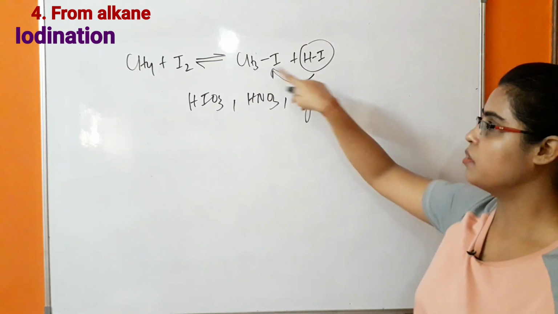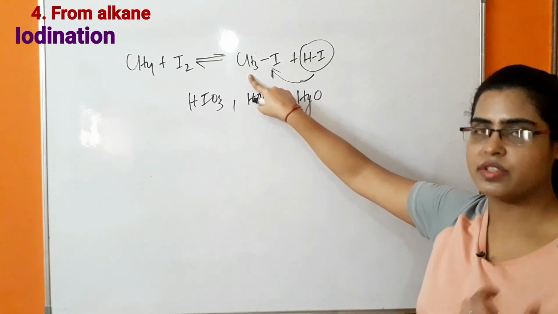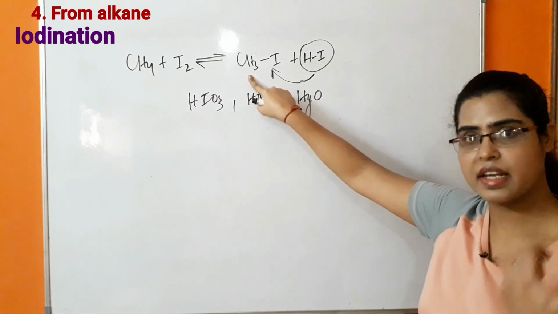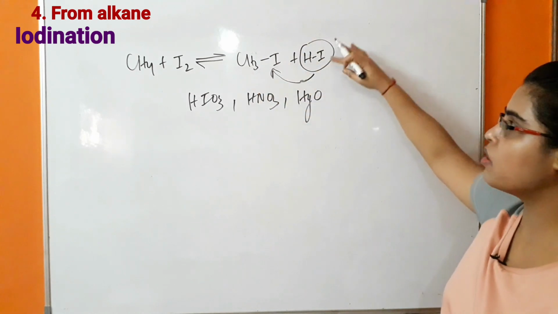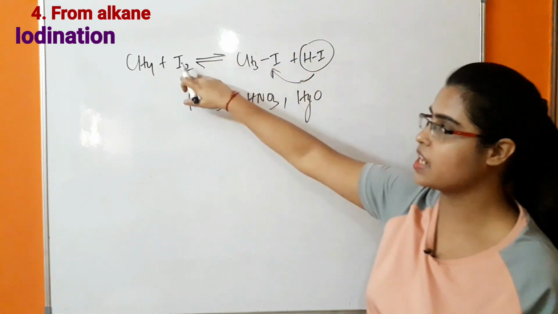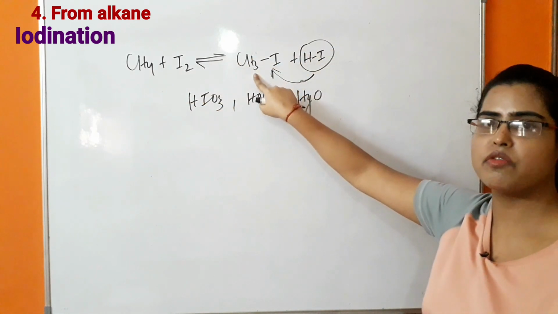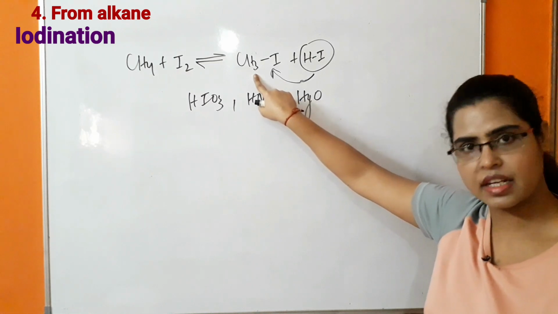Because of that, the production of methyl iodide will increase, following Le Chatelier's principle. On removal of hydrogen iodide from the product side, the reaction moves in the forward direction, due to which the production of methyl iodide will increase.